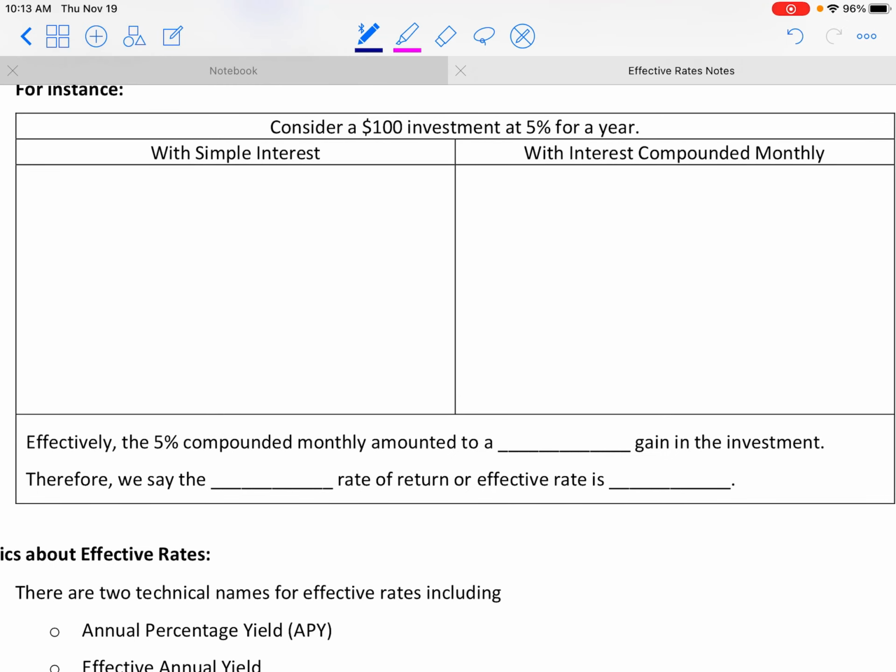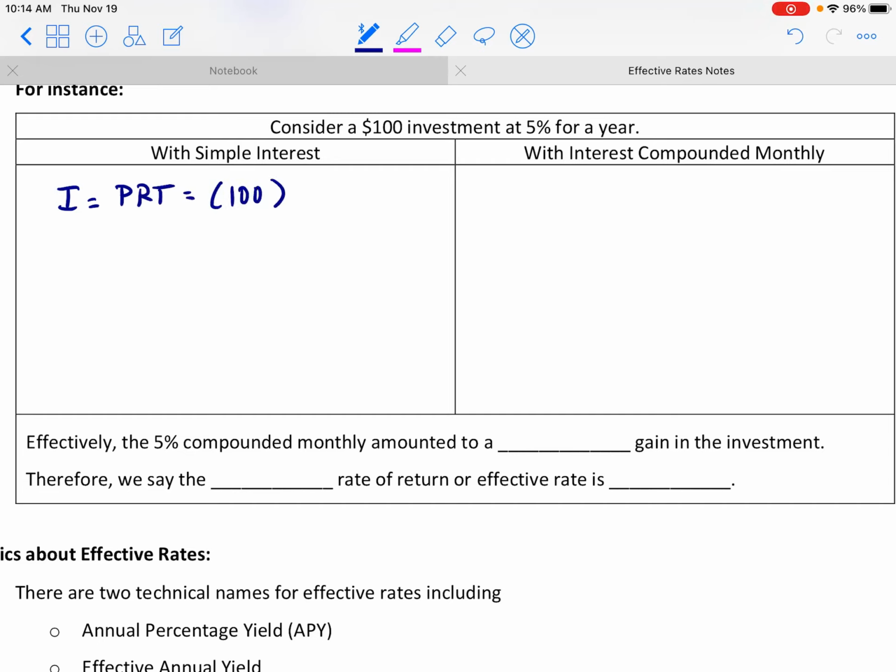So let's consider a $100 investment at 5% for 1 year. Okay, so $100, 5% per year. Let's say that this was an investment into a simple interest account. If it was a simple interest account, then the interest is going to be equal to principal times rate times time.